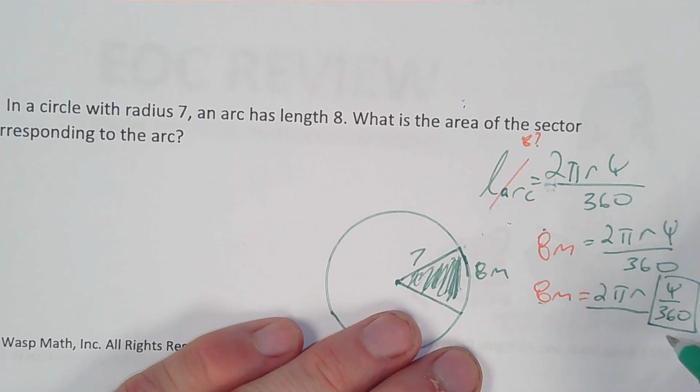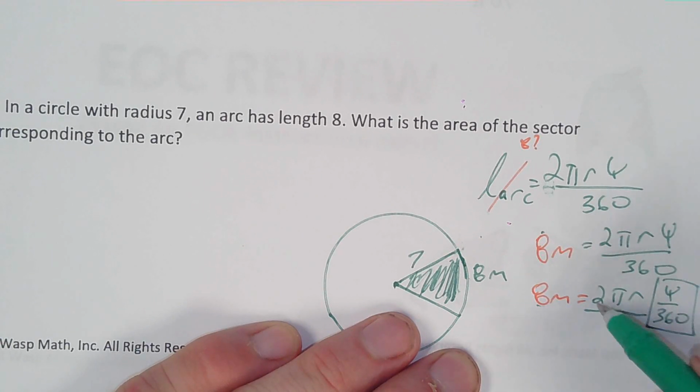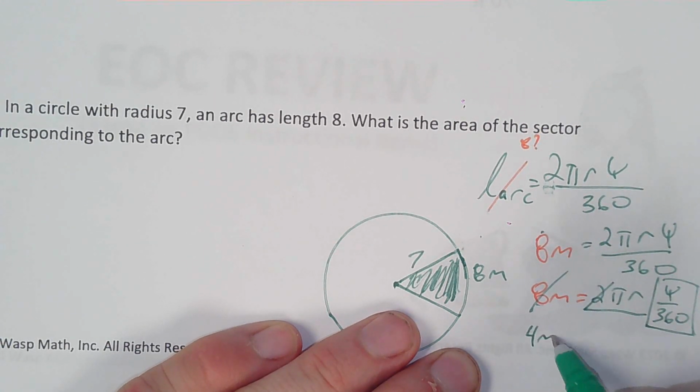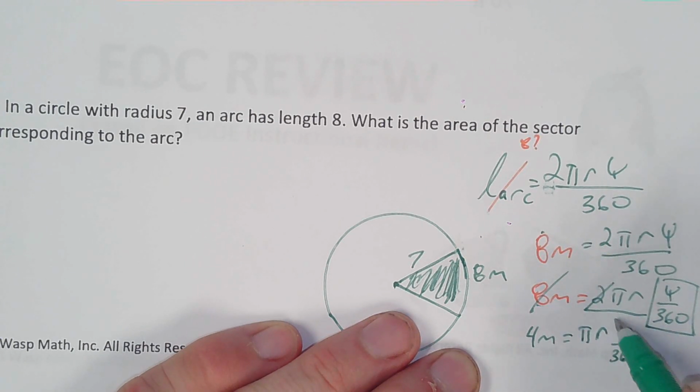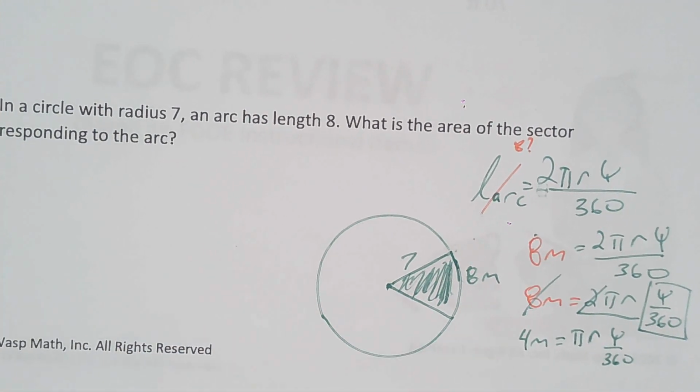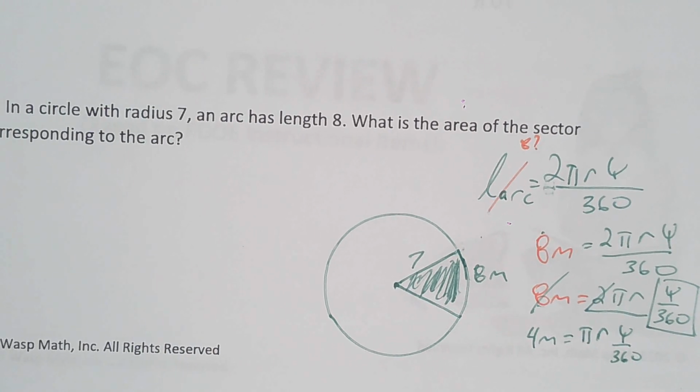And I'm just going to divide both sides by 2. So it's going to be 4 meters equals pi r times this over 360, because this is my unknown here. Okay, so what can I do with that?